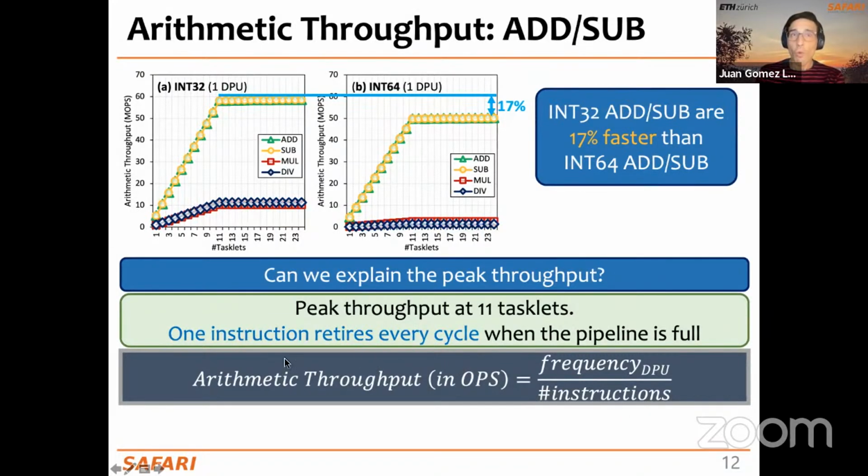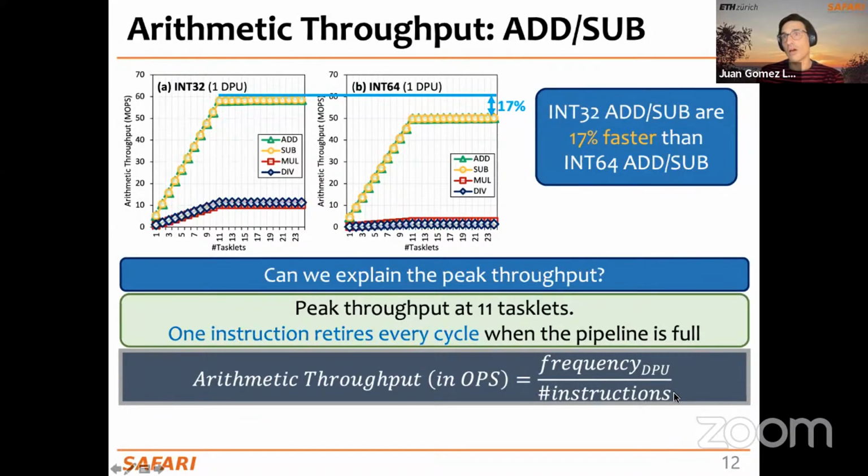The way to estimate the arithmetic throughput for a specific operation depends on the frequency of the DPU. Remember that the inverse of the frequency of the DPU is the duration of one cycle, that is the amount of time that we have to wait until the next instruction gets completed in the pipeline.